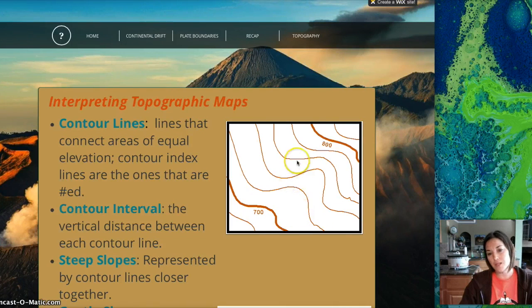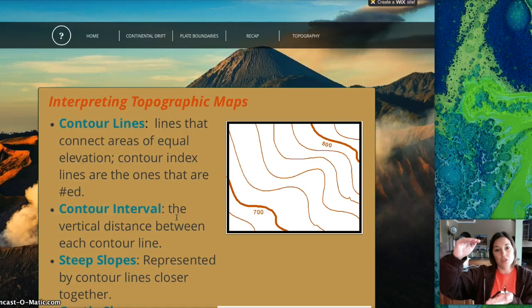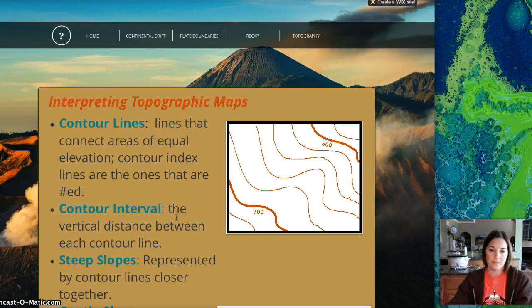Well, how about all these other lines right here? I don't really know what the elevation is of those lines, but I can figure it out if I can determine something called the contour interval. The contour interval is the vertical distance of elevation change between each contour line. So I know that this is a 700-foot elevation, and up here I have an 800-foot elevation. So that is a 100-foot change in elevation across these contour lines, which means to get from here to here, I had to go up 20 feet.